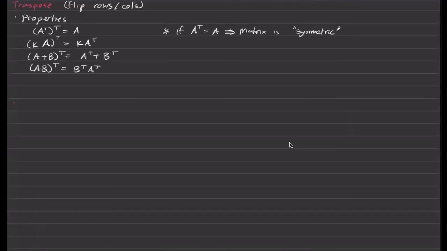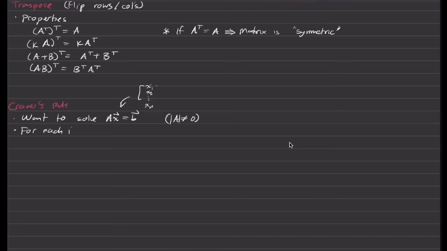Okay, next thing, Cramer's rule. So this is a way to solve linear algebra problems. We want to solve the classic problem, AX is equal to B. This is every problem in linear algebra. And here we're saying that A is not singular, so the determinant of A is non-zero. For each i, and for this I mean your solution X, you have X1, X2, all the way down to Xn.